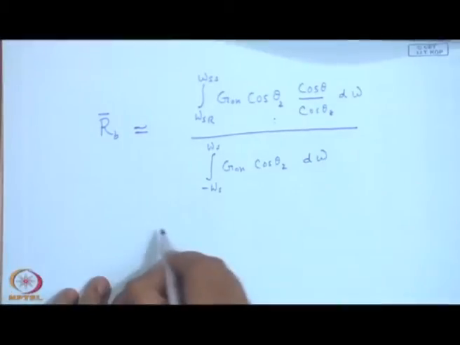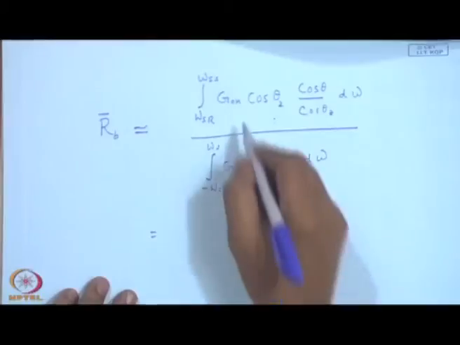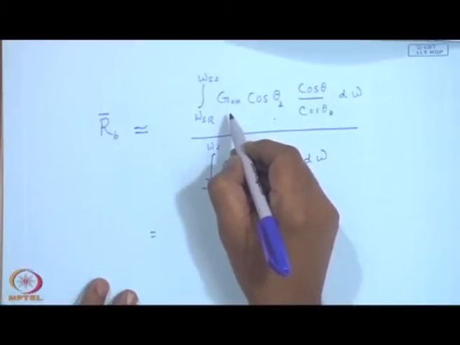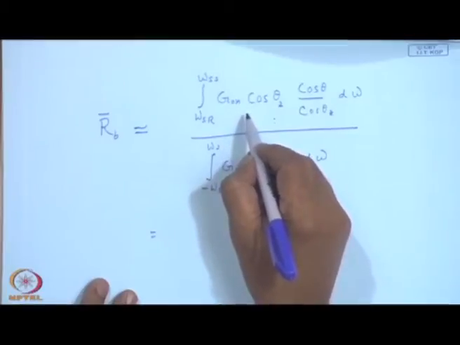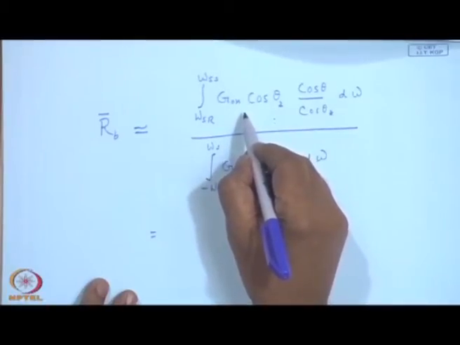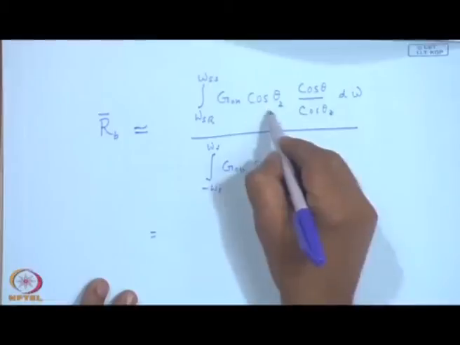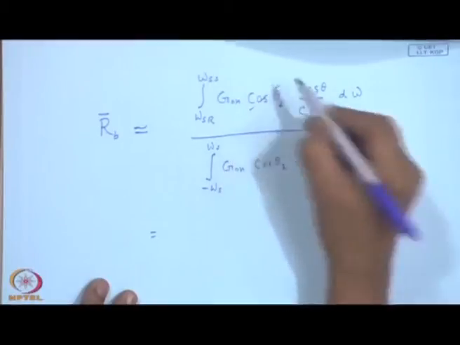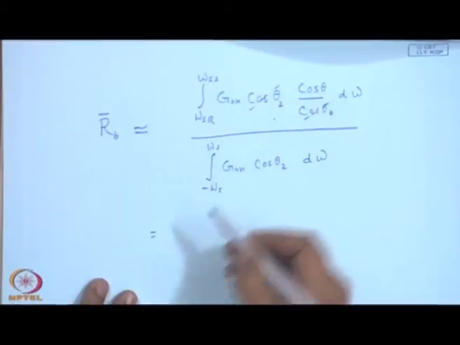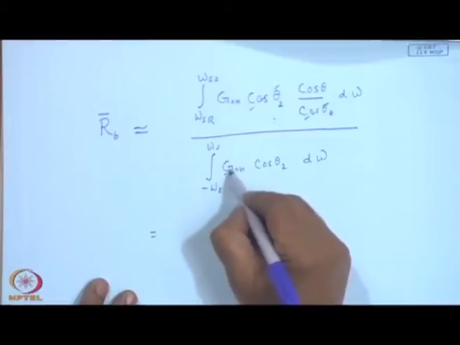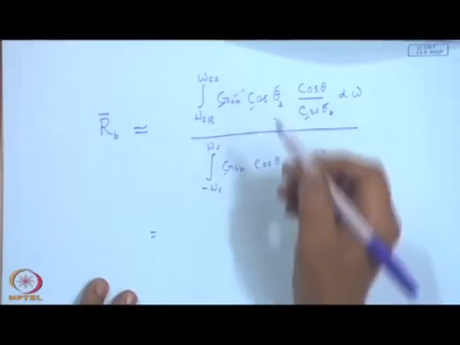So, this simplifies to, you can write G S C into 1 plus 0.033 cos 360 n by 365, and this cos theta z gets cancelled with this cos theta z, and this also cancels with this.